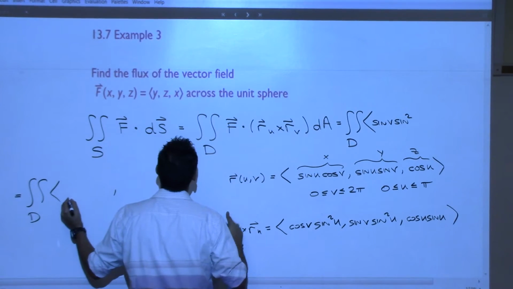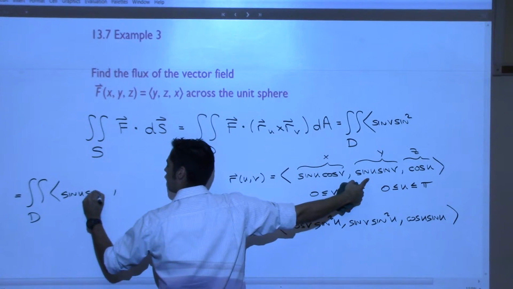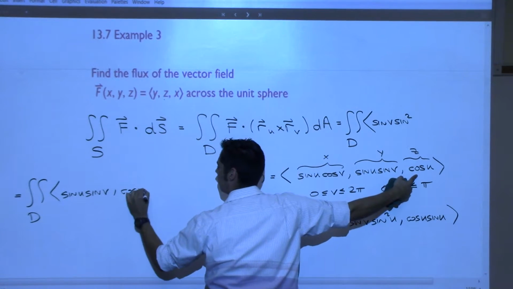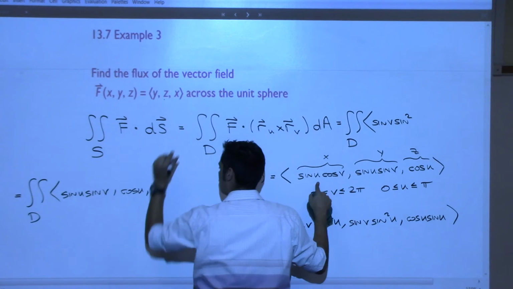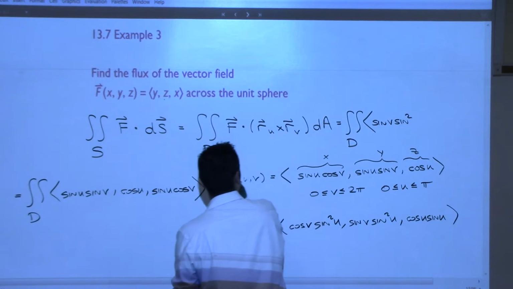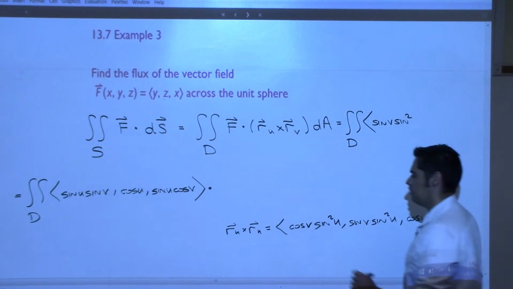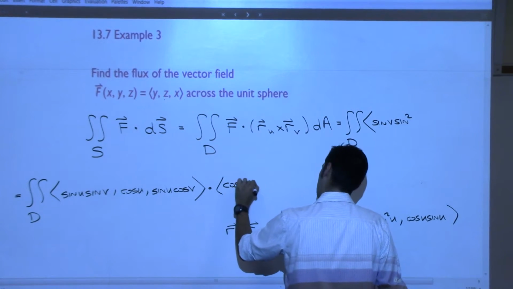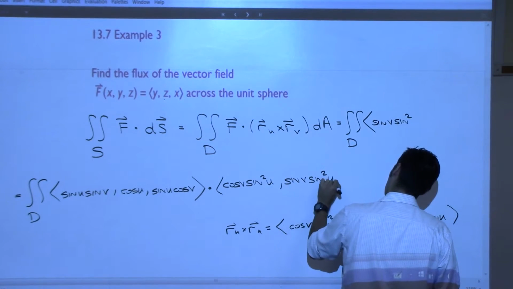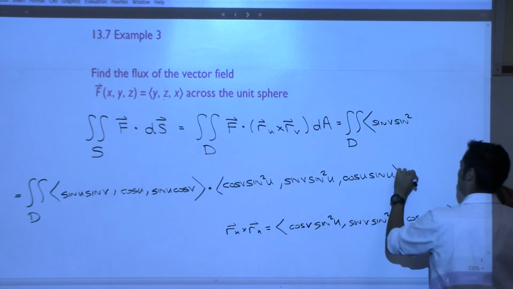What is this first component? Y, right? Which is sine U sine V. Then z, cosine U. Then x, sine U cosine V. I want to dot that with this right here: cosine V sine squared U, sine V sine squared U, and cosine U sine U, if that's correct, dA.